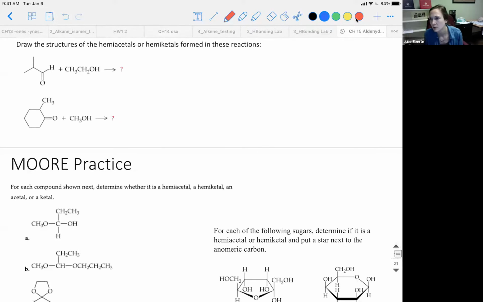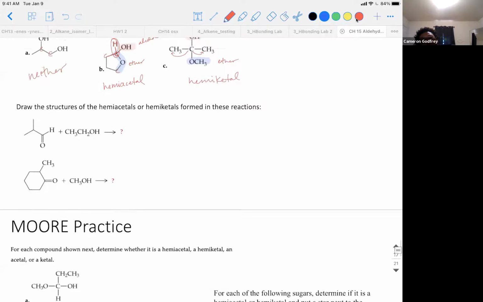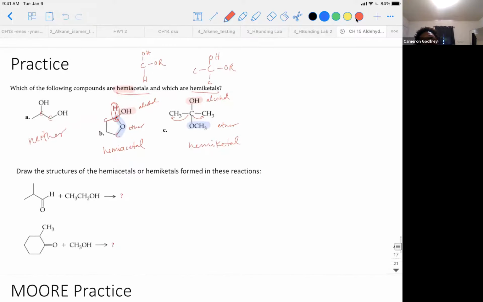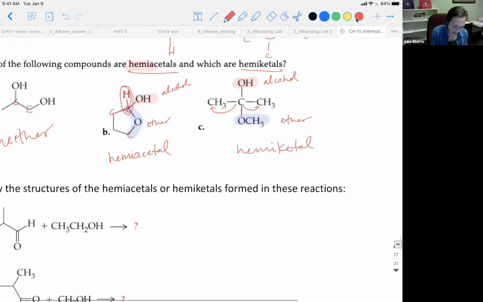What was that, Cameron? I have a question. So every time you see an ether, is it hemiacetal? And every time you see a ketone, is it hemiketal, or is that just a coincidence? Well, notice that there's an ether group in both hemiacetal and hemiketal.